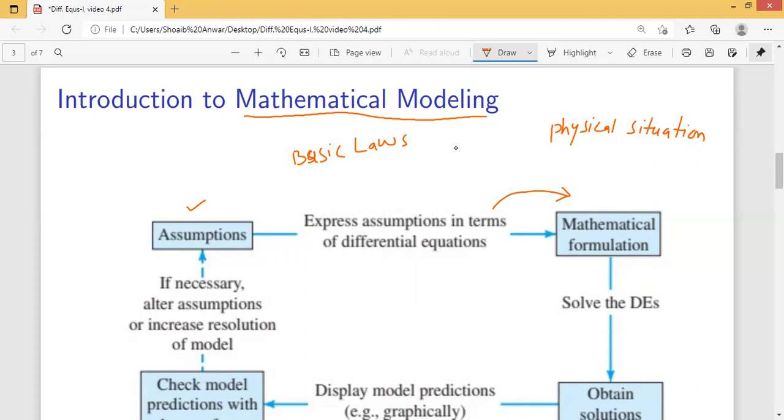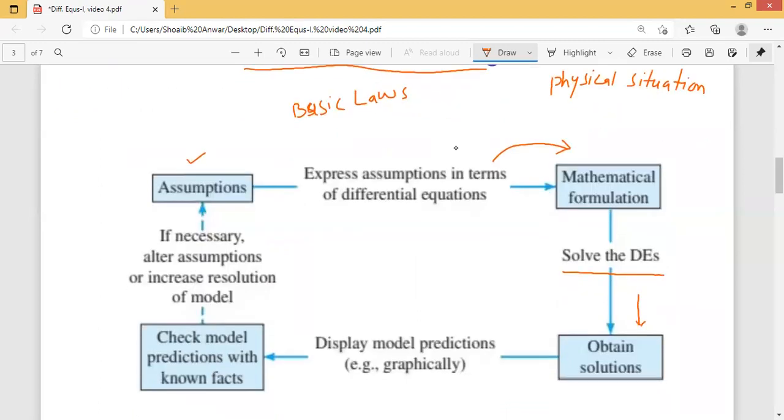After that, we solve the obtained mathematical model. We solve the differential equations involved in that particular mathematical model and obtain their solution. After that, we plot the obtained solution of the differential equations and try to compare the model predictions with the known facts, that is, the data we already have from industry, from experiments, or from some known sources.